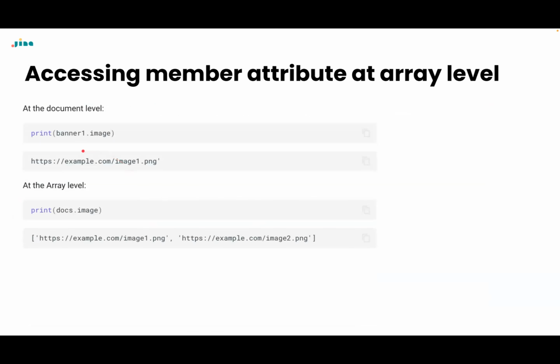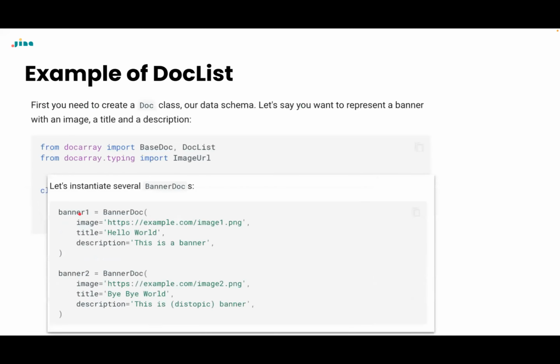The other very interesting thing is that you can directly visit the attribute that you defined on the member level, but at the array level, on the list level. For example, the banner that we defined has this image attribute.